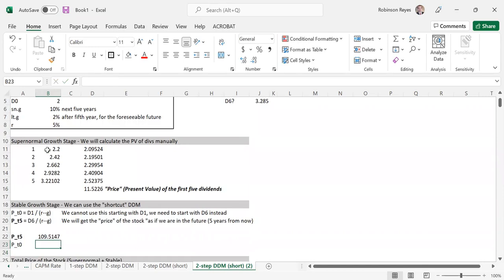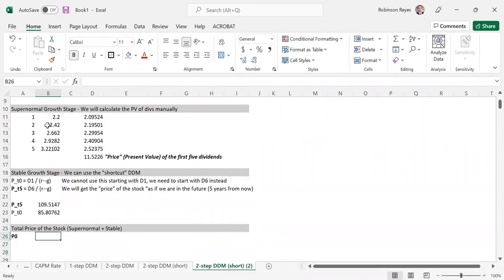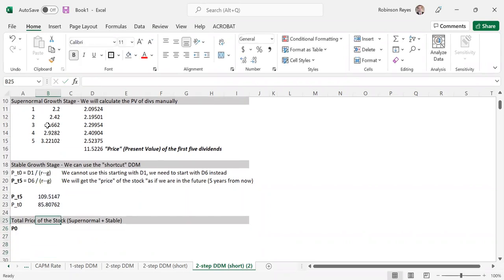But let's keep in mind this is happening 5 years from now, so we need to bring it to present value. The way to get the present value of this price of the stable growth dividends is this price divided by 1 plus the rate to the power of 5, right? Now we got this. And now what is the total price of a stock? We just add, and let me add the same distinction here.